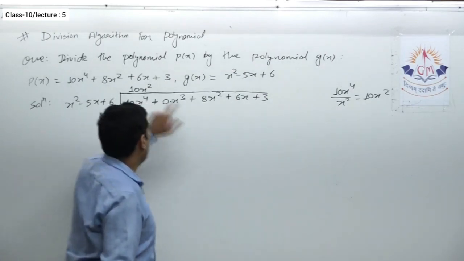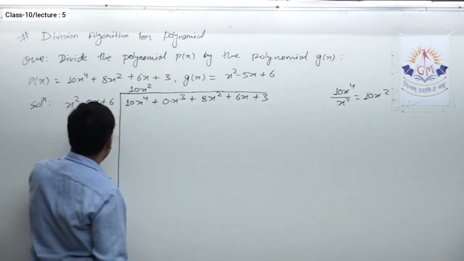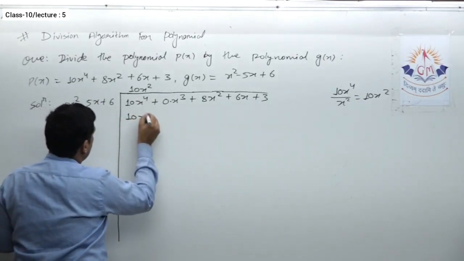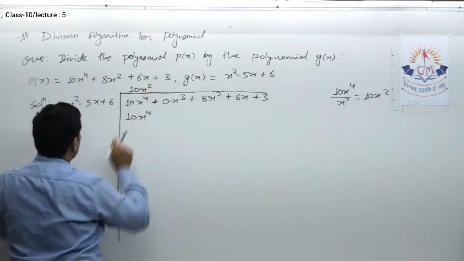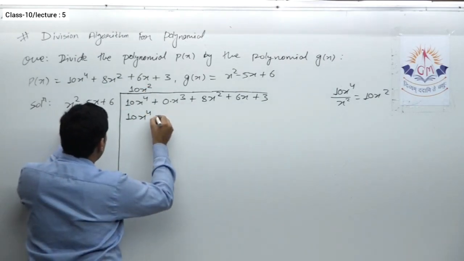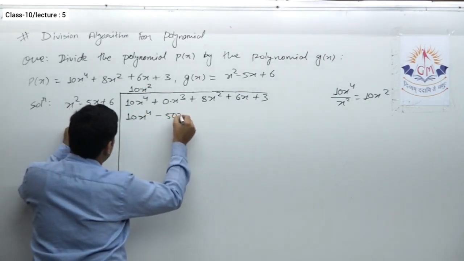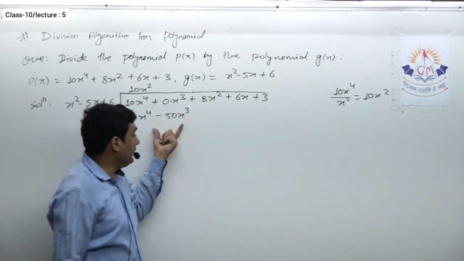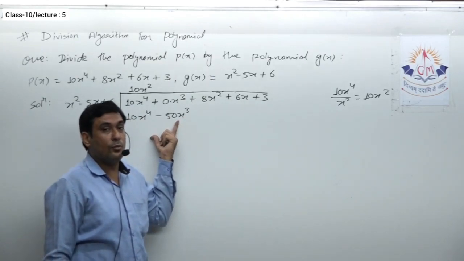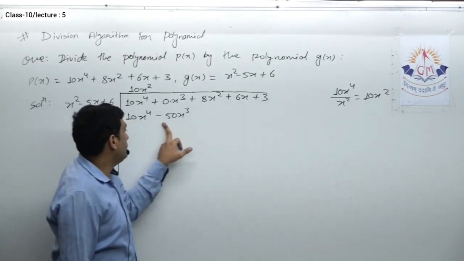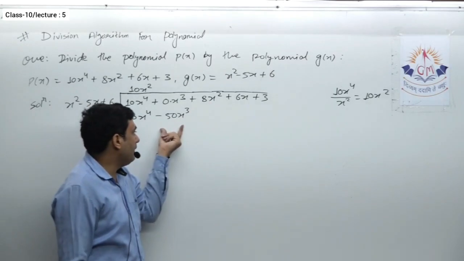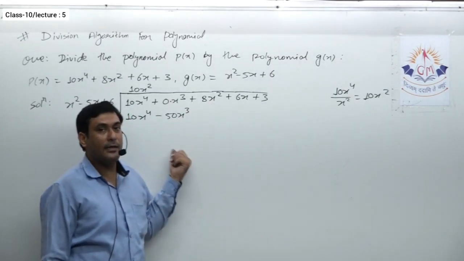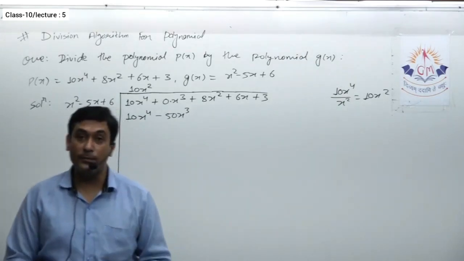Now I'll multiply 10x square with these three terms. So 10x square into x square gives me 10x raised to 4. Then 10x square into minus 5x gives me minus 50x cube. If I don't write this term, then you may get confused about where this term should be written, because if you write minus 50x cube just below, these two terms won't be like terms, and you might get confused while subtracting them.